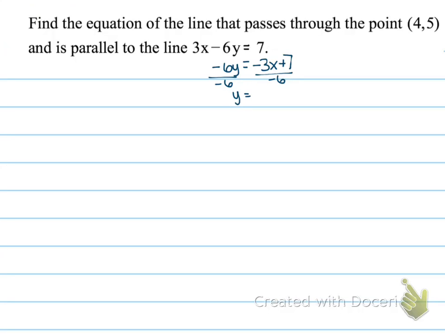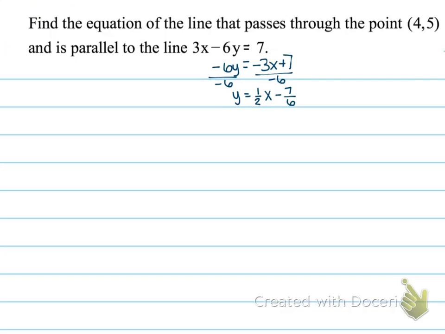-3 over -6. That's 1/2 x. And then I'll have my -7 over 6. So I've just taken both parts of this, the -3x and the +7, and divided each of those by -6. So -3 over -6, I get my positive 1/2, and then 7 over -6, I get my -7/6 fraction.